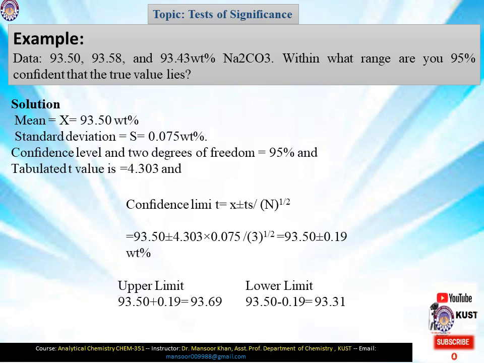The confidence level is 95% with 2 degrees of freedom, and the tabulated value, which is a statistical constant, t, is equal to 4.303.